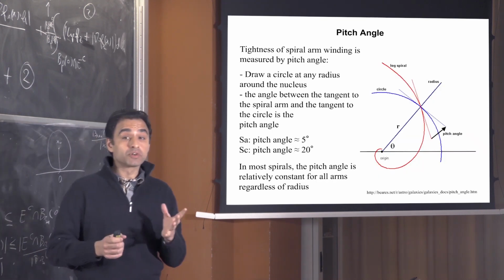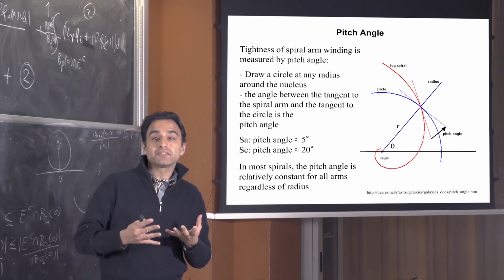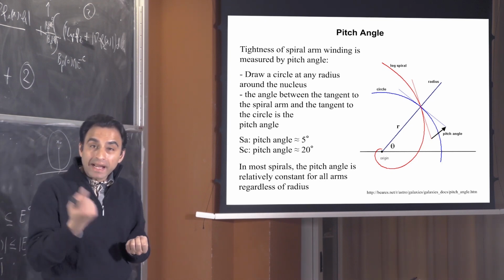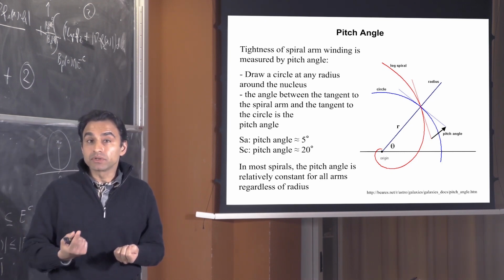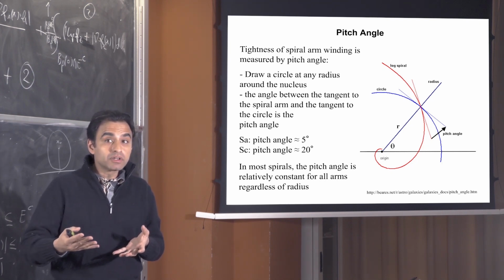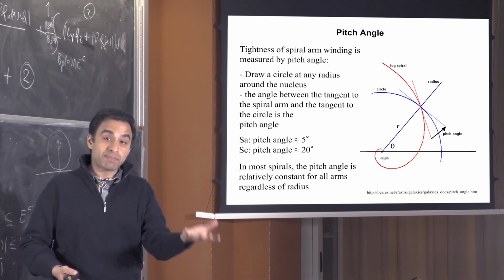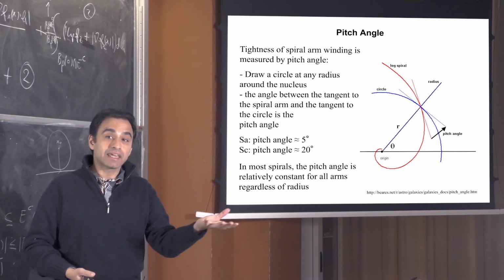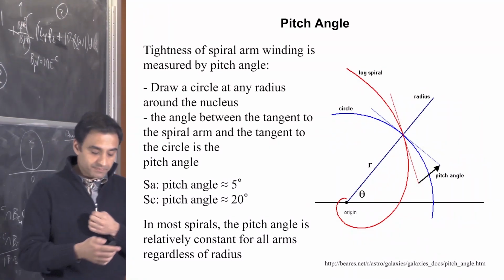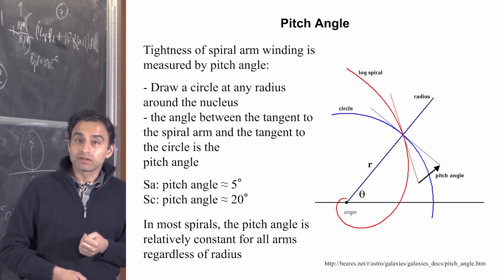Now, astronomers need to provide a quantitative measure of the tightness of the winding of the spiral arms around the nucleus, because by doing this, they are able to assess in a quantitative manner if a spiral galaxy is actually an Sa or an Sc galaxy. How do we do this? Well, we look at the so-called pitch angle.